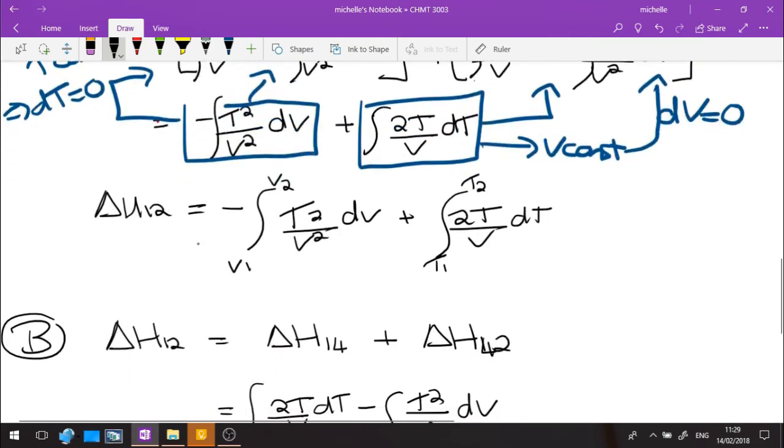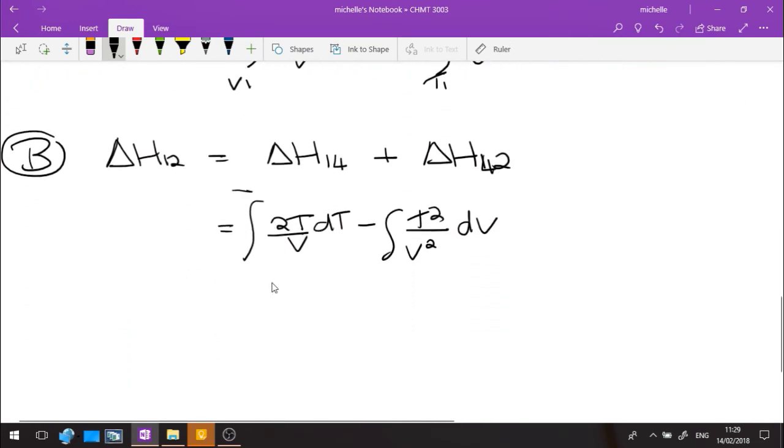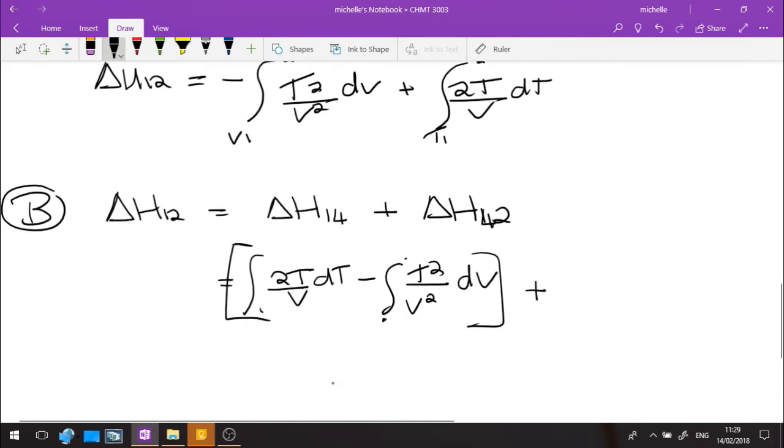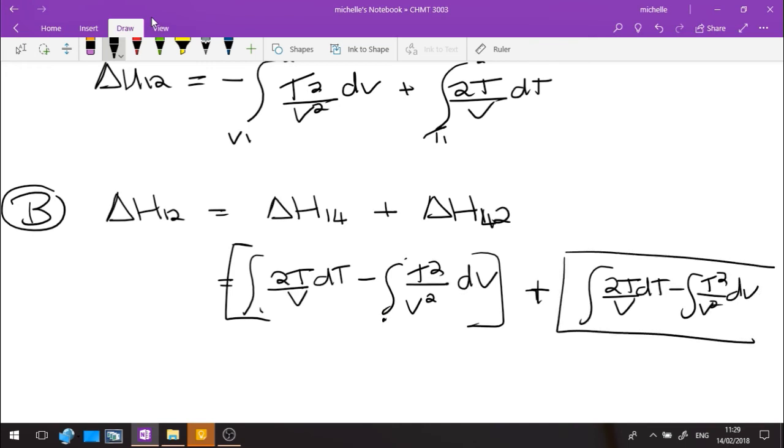I'm using the same equation, so this is delta H14, and I still need to evaluate it, so I'll have to put in those, but I don't know yet, plus the integral of 2t over v dt minus t squared over v squared dv. Right, what do I do?